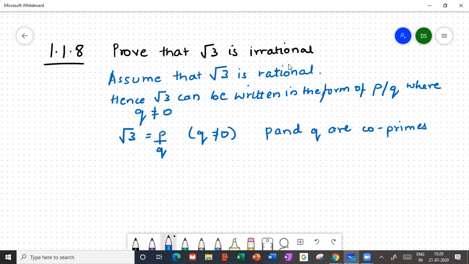Consecutive prime numbers. Okay. Two numbers which have no common factors. One as the LCM. Okay, yes, you're right. So yeah, all of you are right. So basically co-primes are two integers which have the HCF as 1 or no common factors.